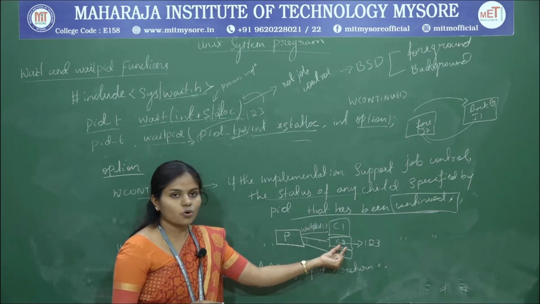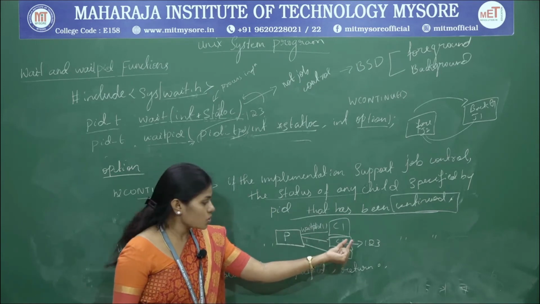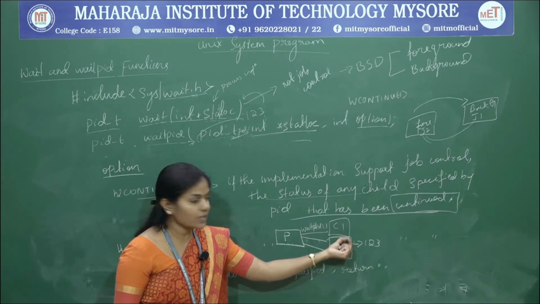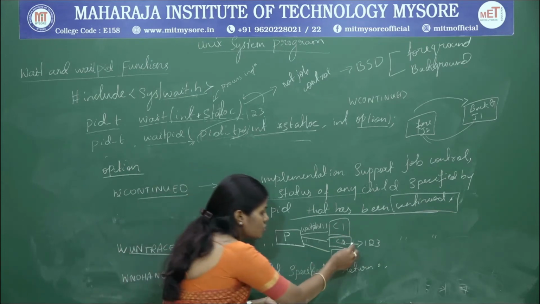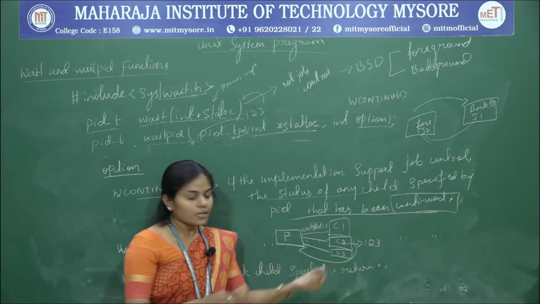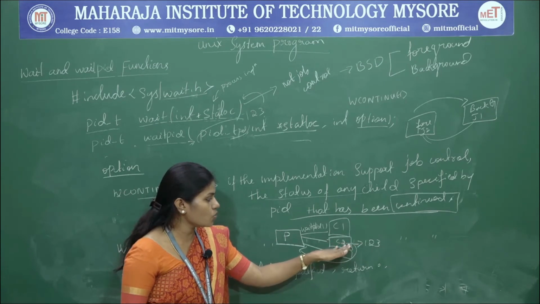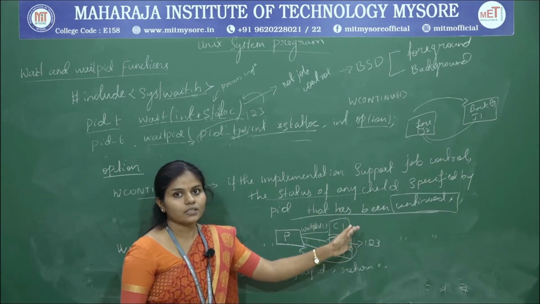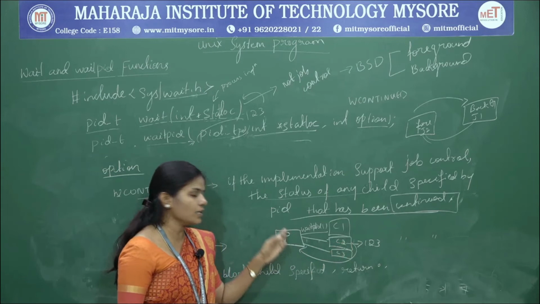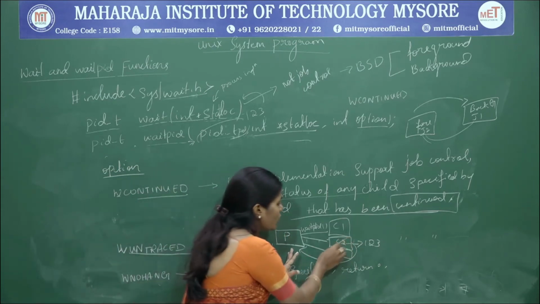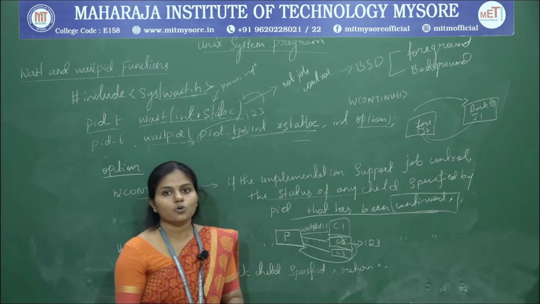Now it comes to child 2, right? In that case it is going to stop, and after stopping it has to send the termination status to the parent, right? So that indicates that child 2 is going to stop its execution, and send the status information back to the parent, and then it is going to be stopped. So that is the usual thing.